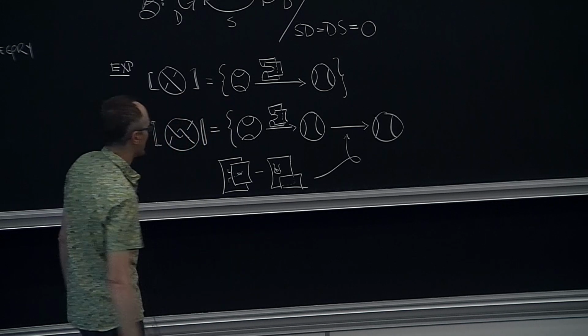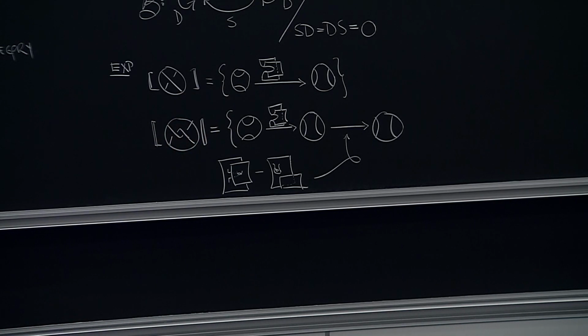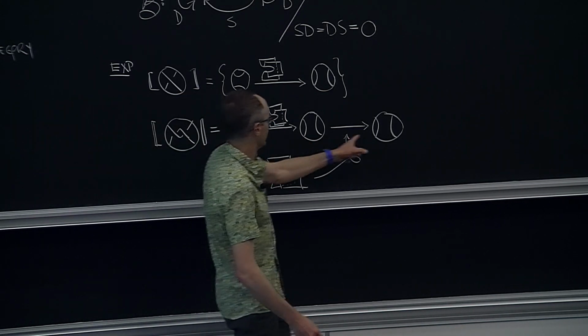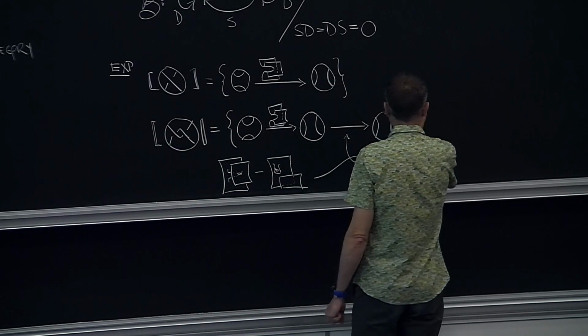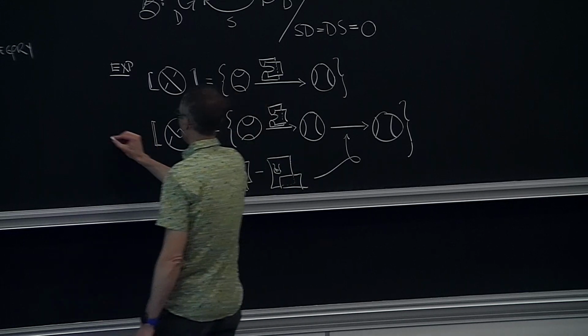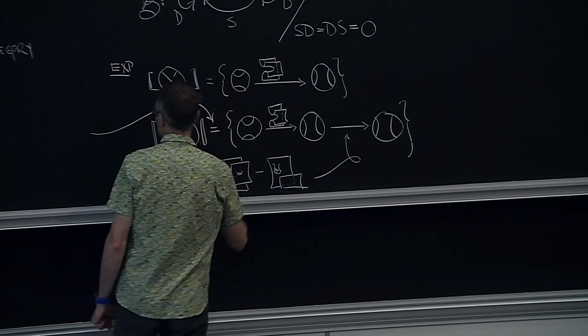So that's a linear combination in Cob, and it is a map that runs from here to here. You can check that it is 0 when you compose them together, and I'm claiming that it's a good exercise to do.